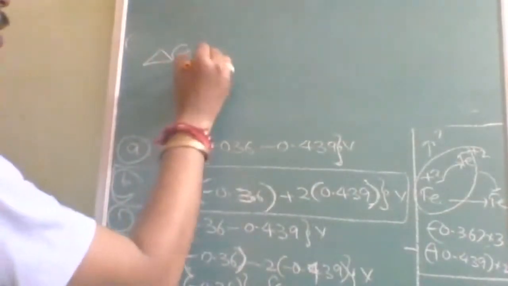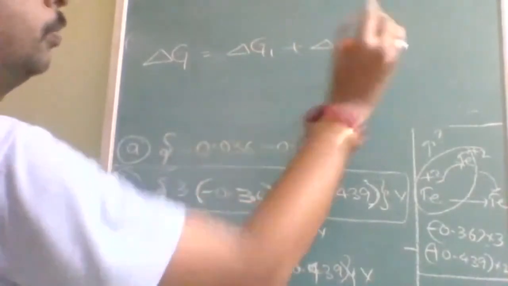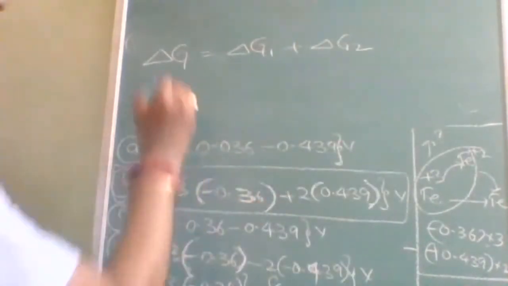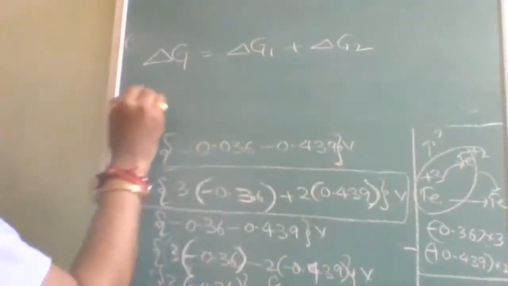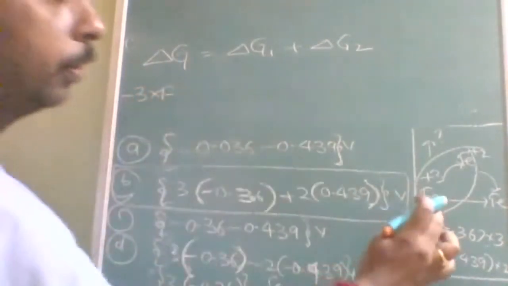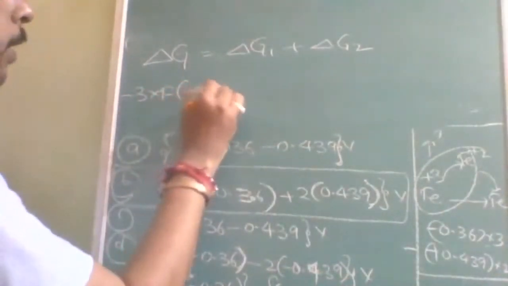Delta G is equal to delta G1 plus delta G2. Now here delta G is minus 3 into F into E of Fe3+ to Fe, which is equal to minus 0.36.